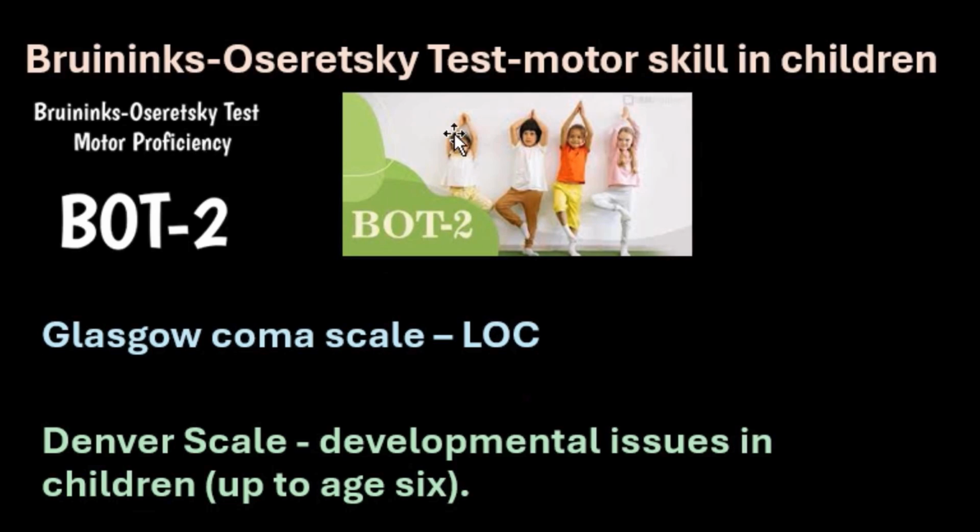BOT test is the test for motor skill in children. Glasgow Coma Scale is for the level of consciousness in neuro conditions like head injury, unconscious patients, etc. Denver scale is the developmental scale. It will address the development issues in children up to age of 6.